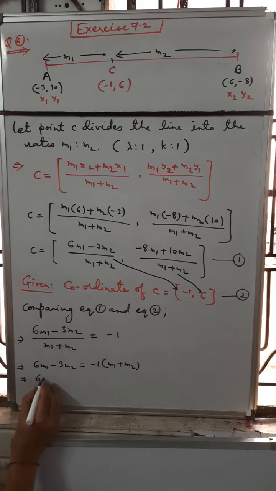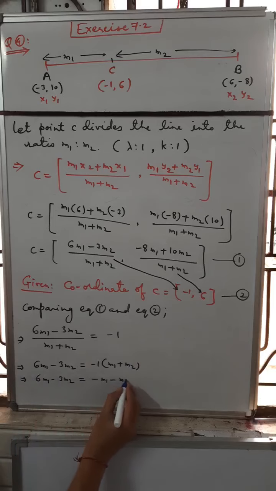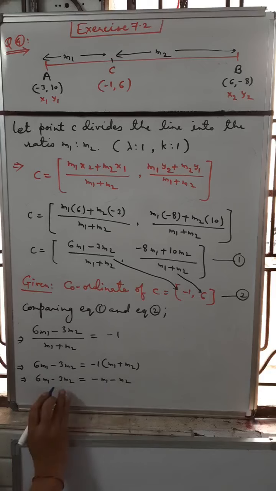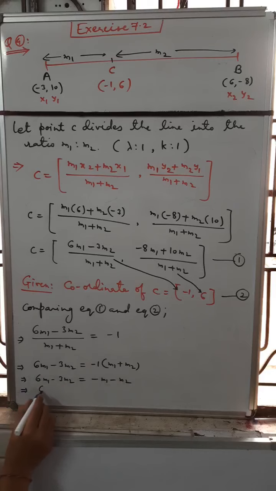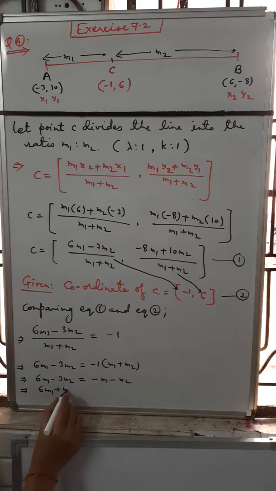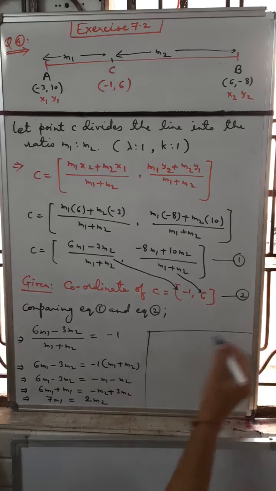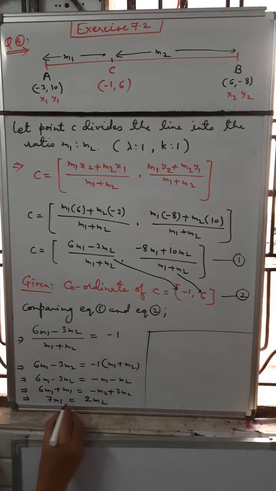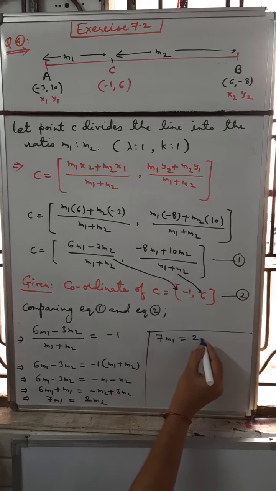So we write 6m1 minus 3m2 is equal to minus m1 minus m2. Transfer m2 to the left and m1 to the left. So 6m1 plus m1 is equal to 3m2 minus m2. That means 7m1 is equal to 2m2.